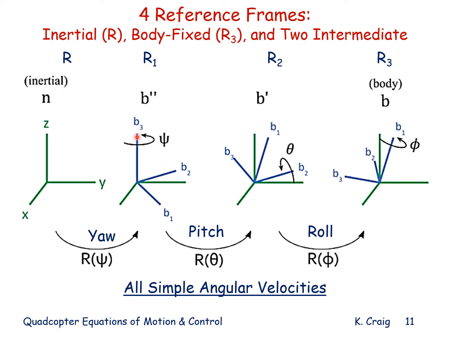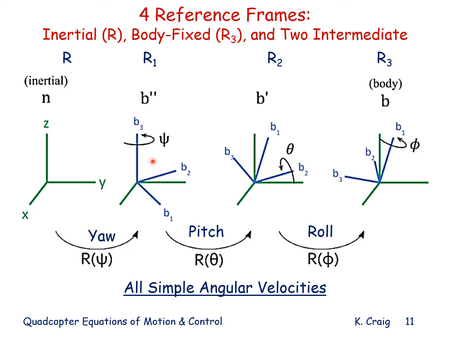Since B3 and Z maintain the same orientation throughout this yaw rotation, this then is a simple angular velocity. And the rate of change of psi, its angular velocity, is simply psi dot. This is then simple angular velocity.